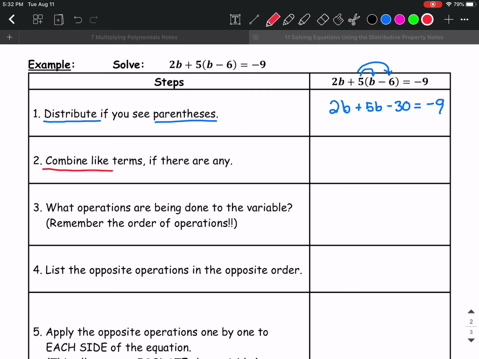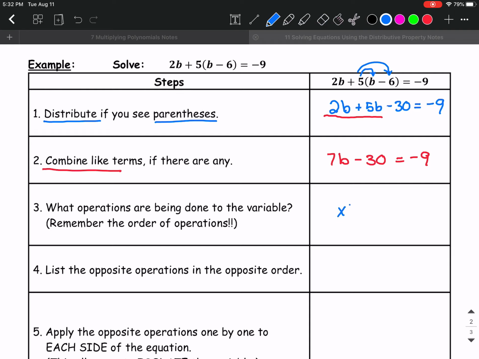Now we have to combine like terms. We have 2b's plus 5b's. That tells us we have 7b's minus 30 equals negative 9. Now we're going to think about what's happening to our variable b. If we were substituting a number in for b, what would we do to the number?